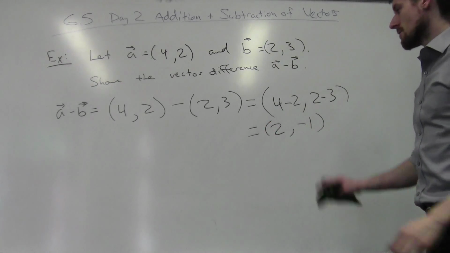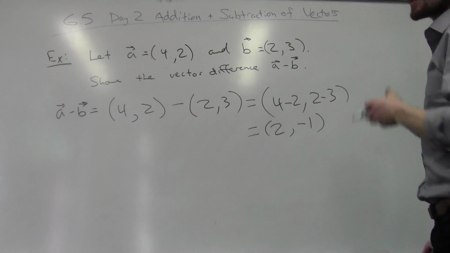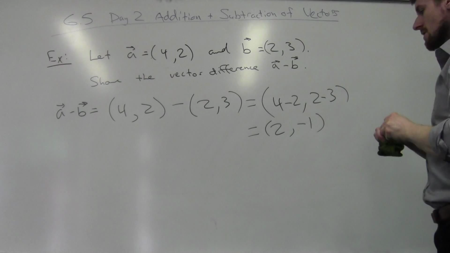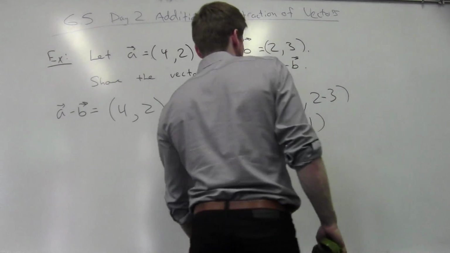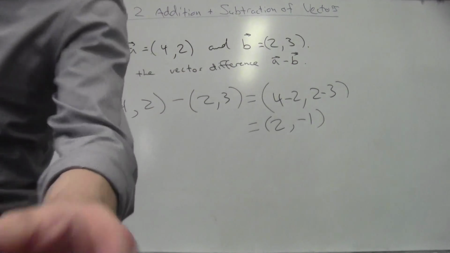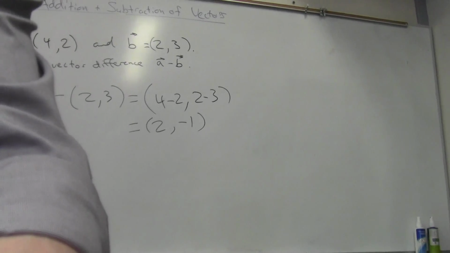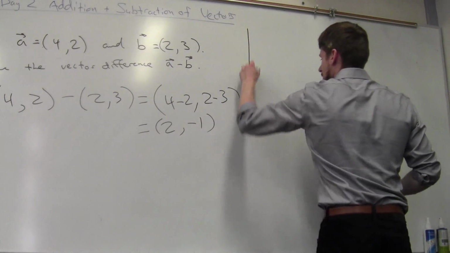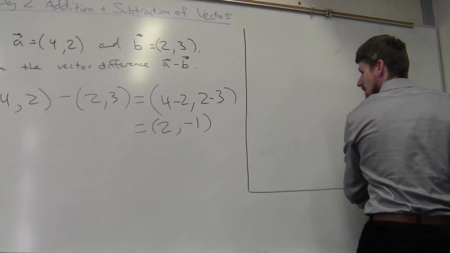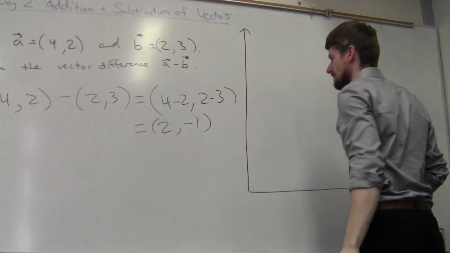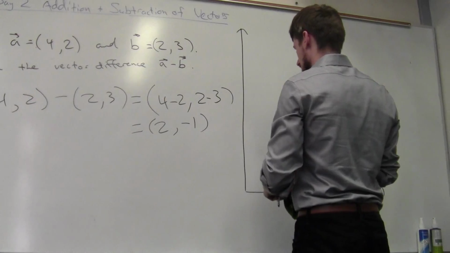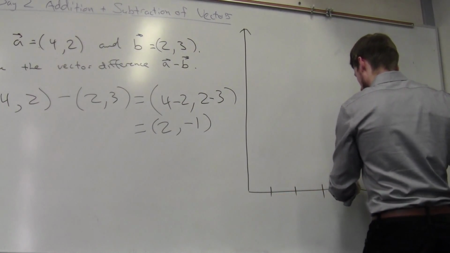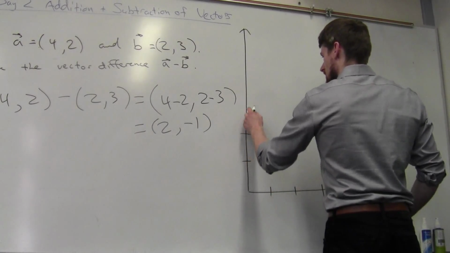Okay, so now that we have an answer for the subtraction, it's 2, negative 1, let's sketch what this looks like. I'm going to move this over a little bit. So let's get 1, 2, 3, 4.